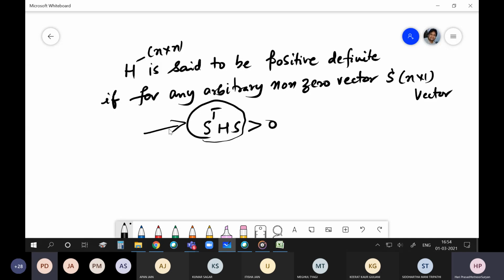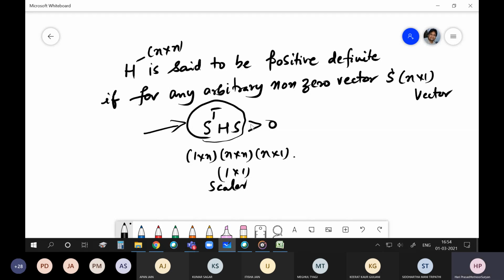It will be a scalar, because S transpose is 1 cross n, H is n cross n, and S is n cross 1, which ends up as 1 cross 1, which is nothing but a scalar, isn't it?